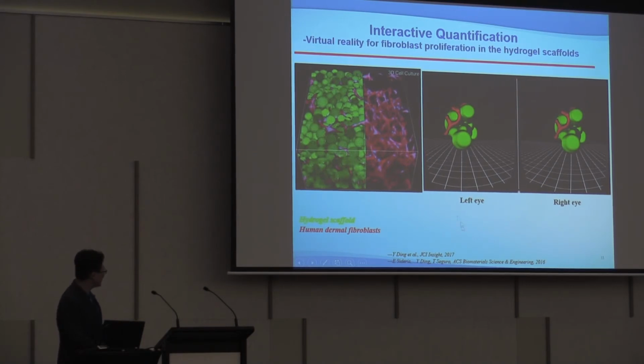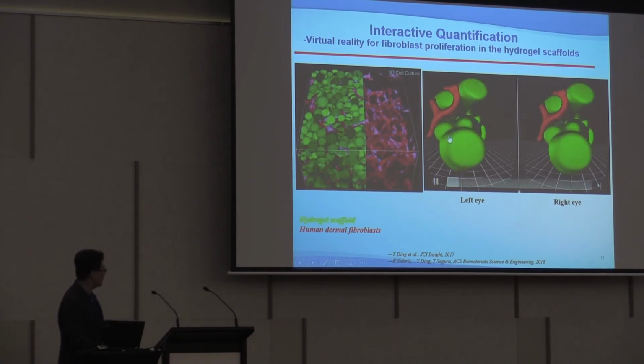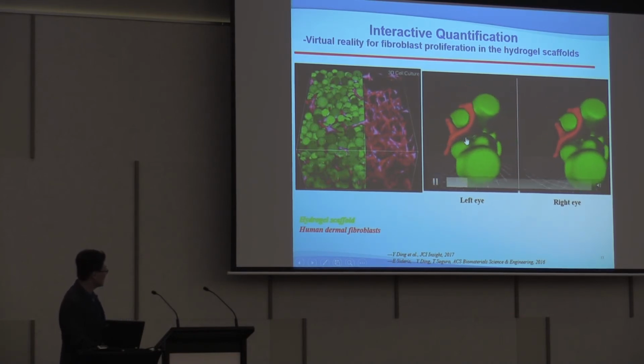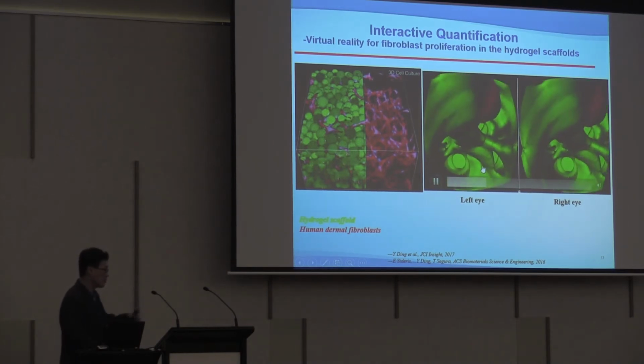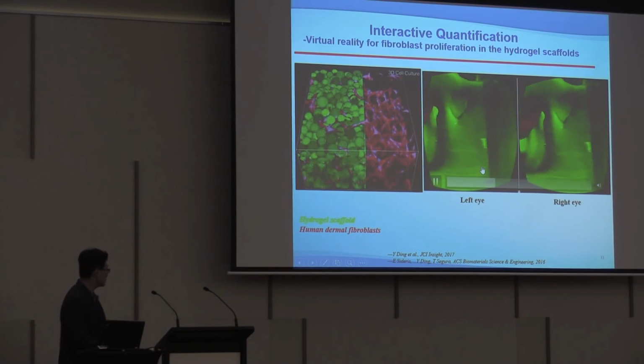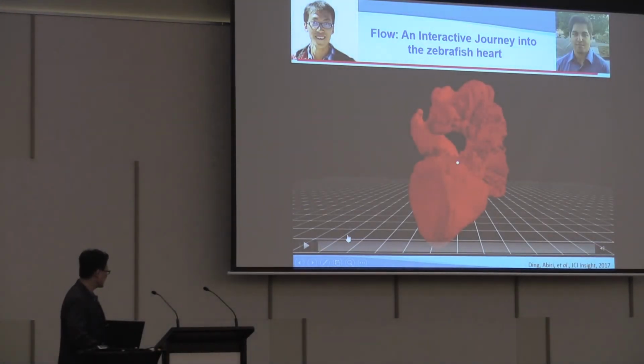But this is the idea where this type of interaction can be possible for quantitative quantification, showing the interaction of dermal cell fibroblasts in relationship to microbeads as a basis of promoting stem cell proliferation. I think I just want to show it last minute.